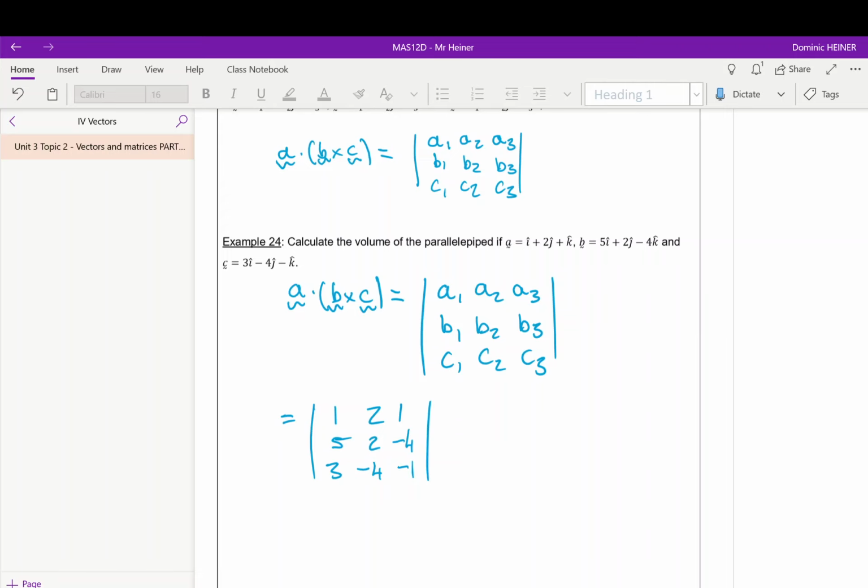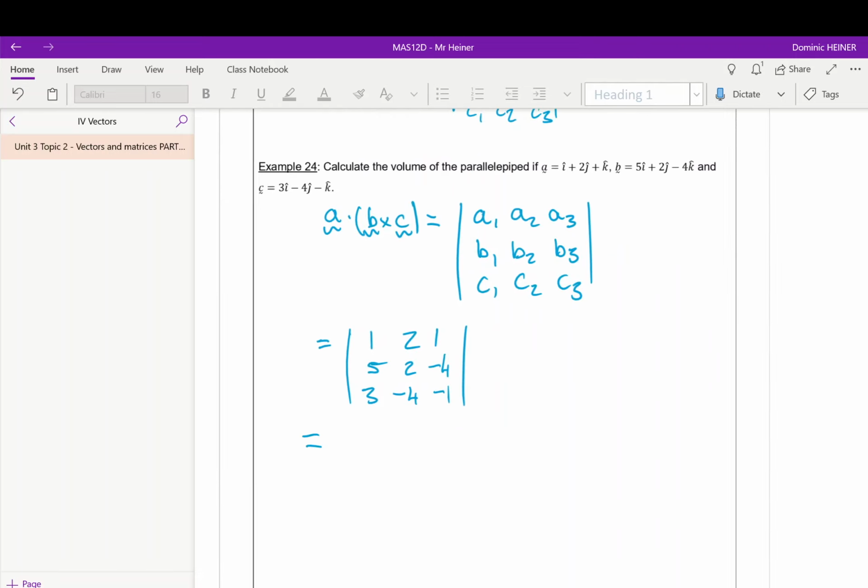So substituting those in, we get 1 times the submatrix (2, -4, -4, -1), minus 2 times the submatrix (5, -4, 3, -1), plus 1 times the submatrix (5, 2, 3, -4).